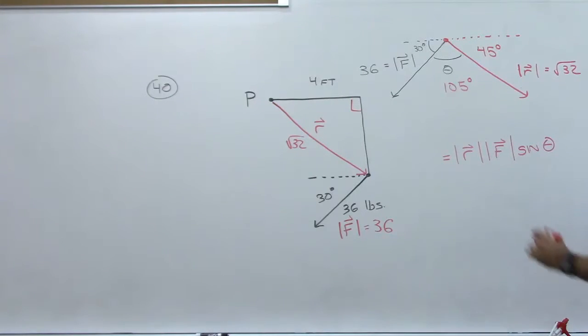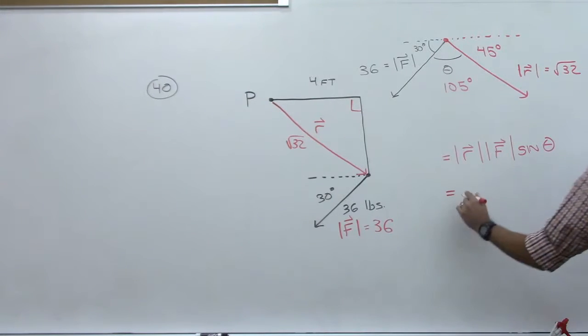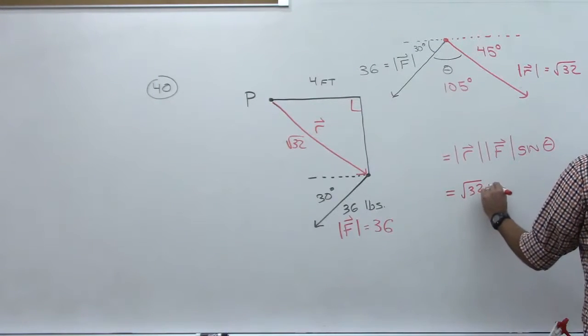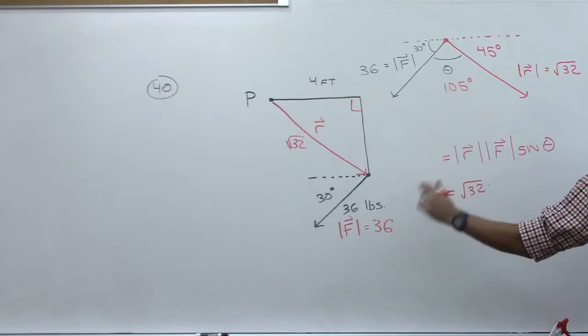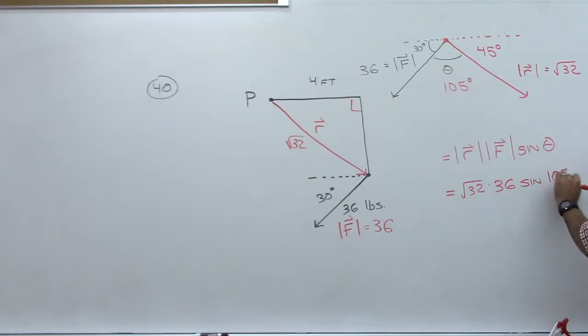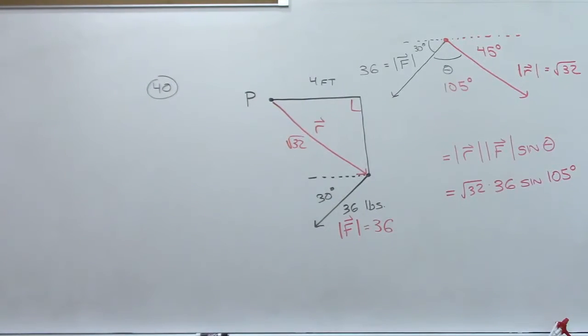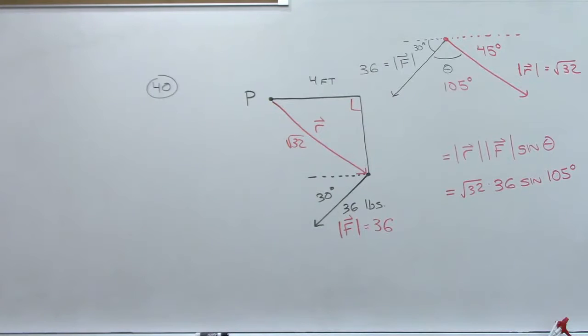So now what we'll do is we'll take the magnitude of r, which is root 32, times the magnitude of f, which was 36, and then sine of 105 degrees. And I believe I'll need my calculator for that. Let me see here.